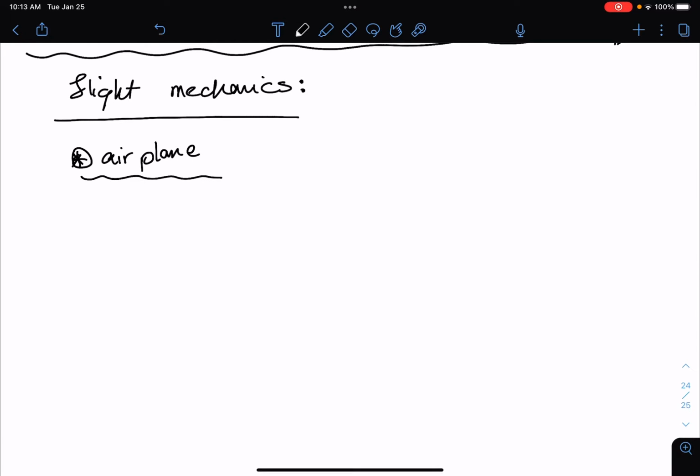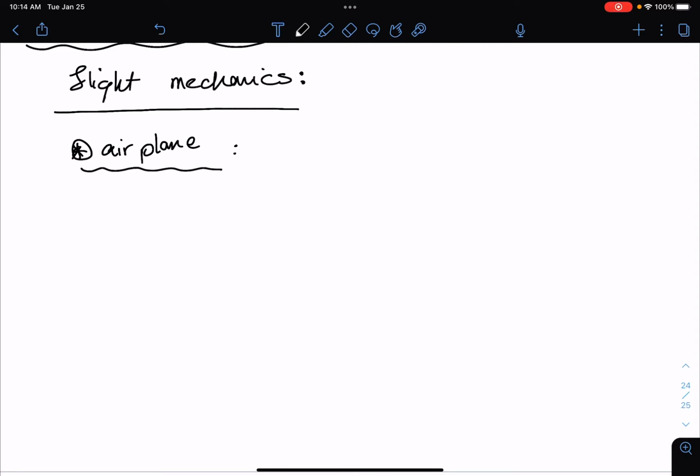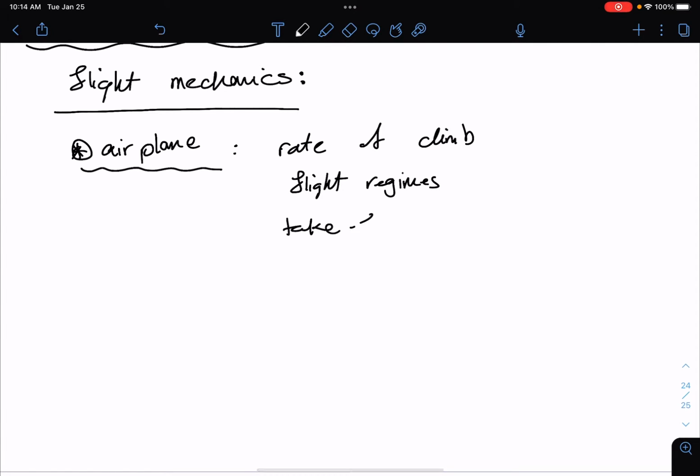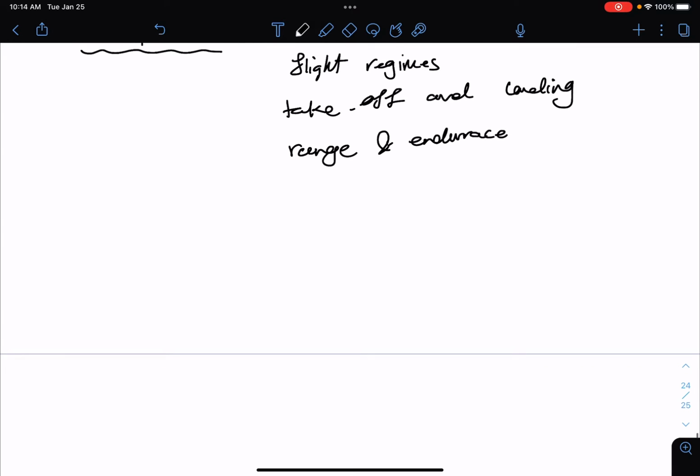There are a couple of assumptions. What we are going to discuss here is the performance of an aircraft. Specifically, we will talk about rate of climb, flight regimes, takeoff and landing performance, range and endurance, and turning rates.